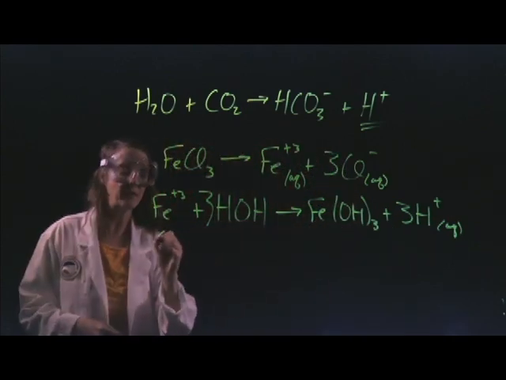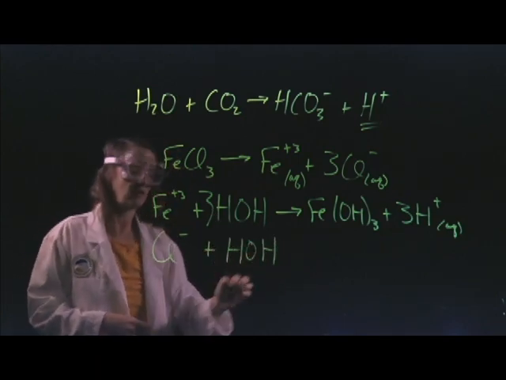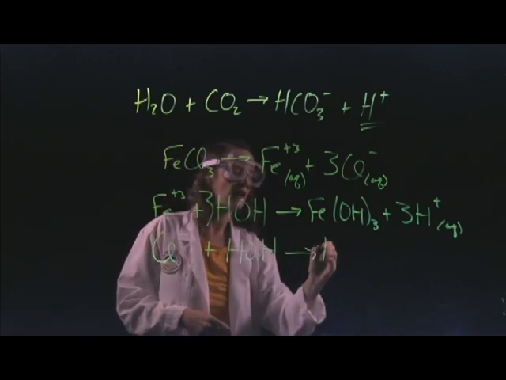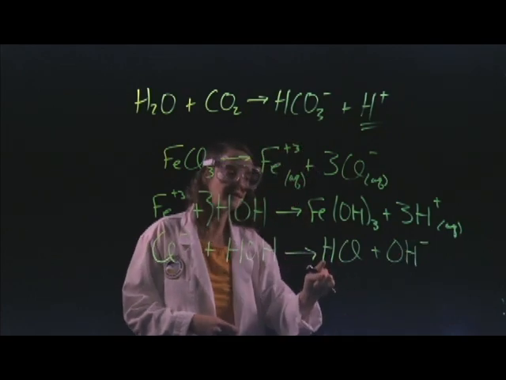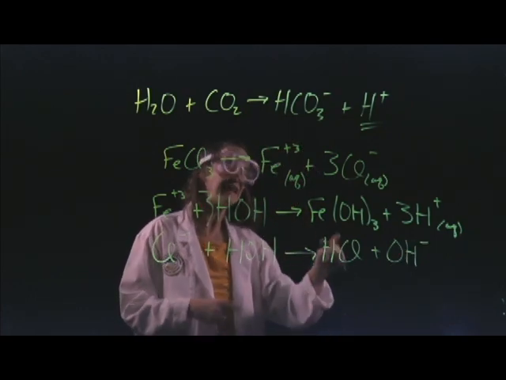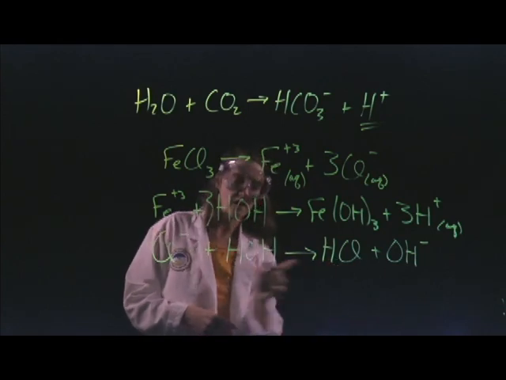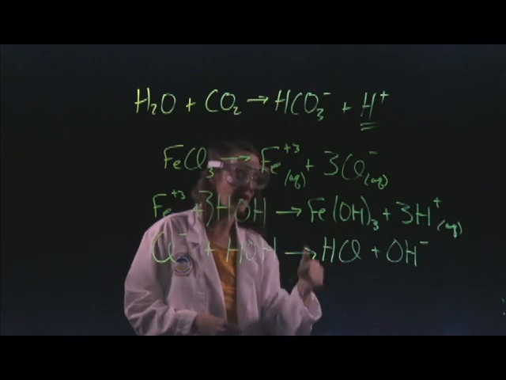Think about what would happen here with chloride ion in water. Chloride ion is negative. It would pick up the hydrogen ion, HCl plus OH minus, except that hydrochloric acid is a strong acid, and strong acids ionize 100%, meaning that none of the HCl is going to stick together.